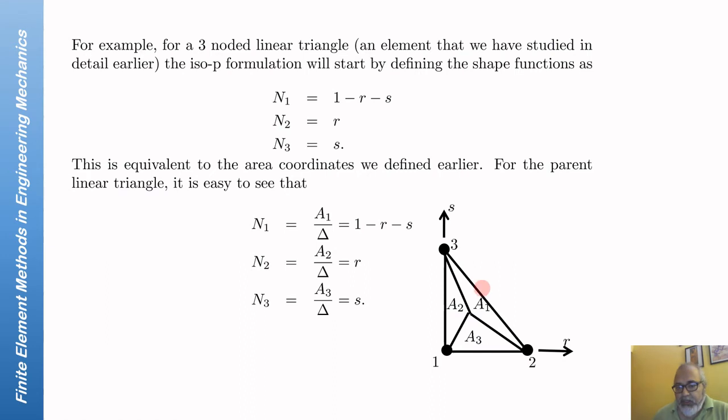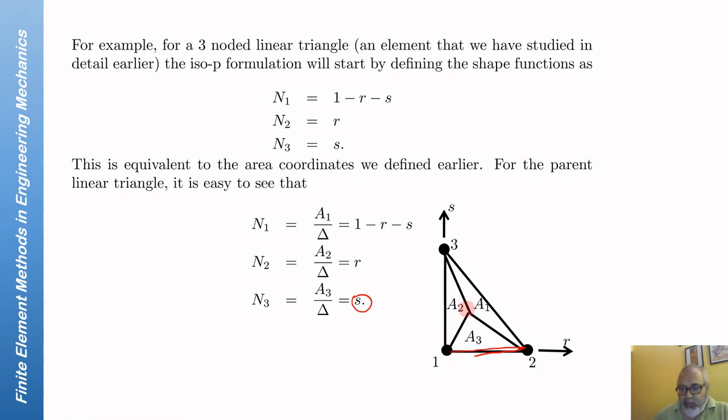So if you see, A3 is equal to 0 on this line. And let us define A3 by delta as S, as my mapped coordinate. Remember, it was R and S in case of quadrilaterals and rectangles. So N3, let us take it to be S. So when this point is here, S is equal to 0. So this is a line on which S is equal to 0.